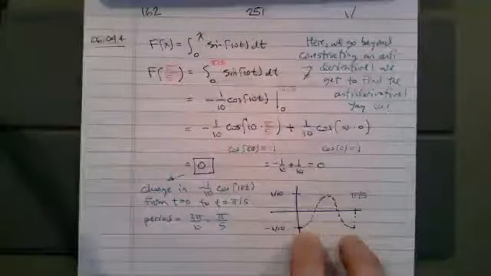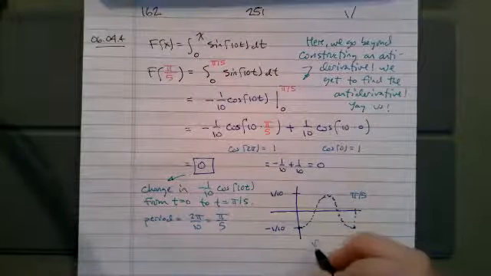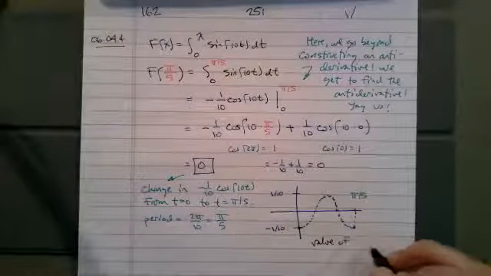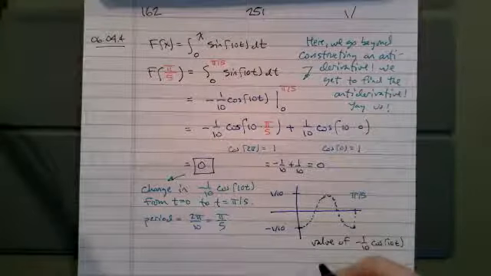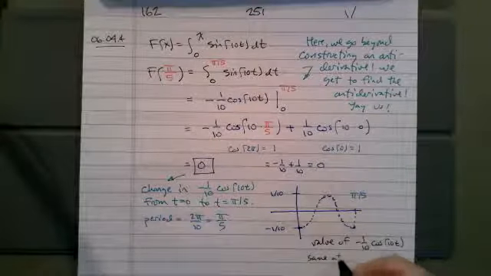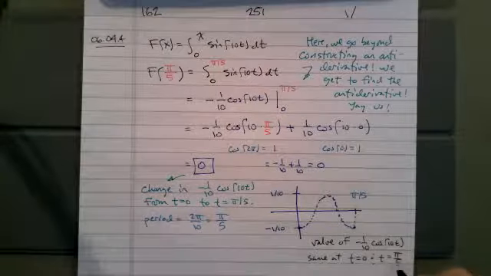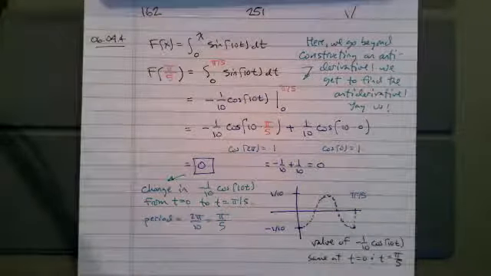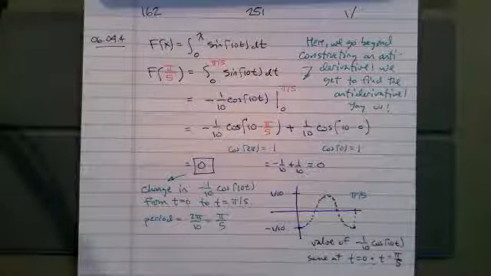So the value of the cosine did not change. So it makes sense that when we integrate the derivative from 0 to pi over 5, we get 0, because the antiderivative did not change on this interval.